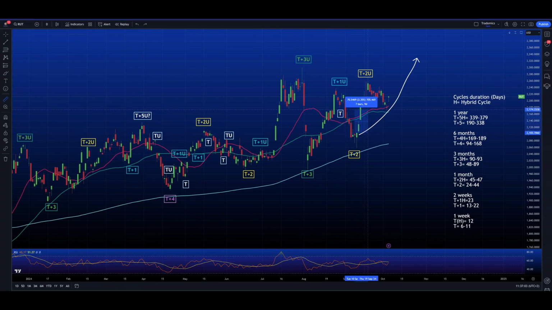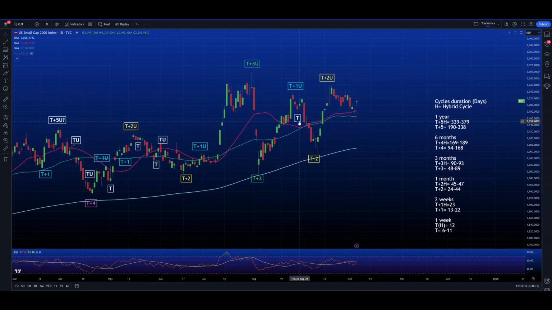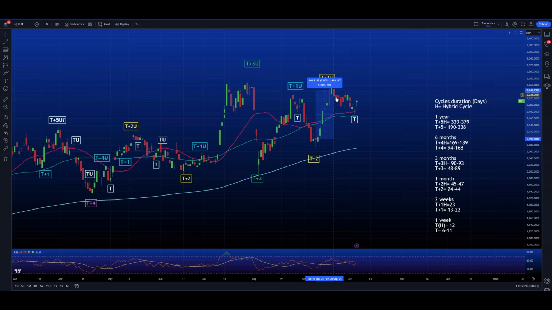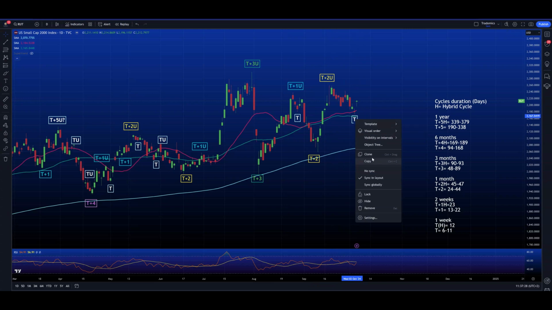Let's gauge also the duration. Here we had 16 bars. So here we have potentially the beginning of a weekly cycle, as here we have 8 days plus this one. So let's see what we can have from this low.